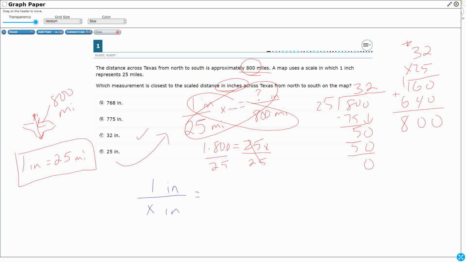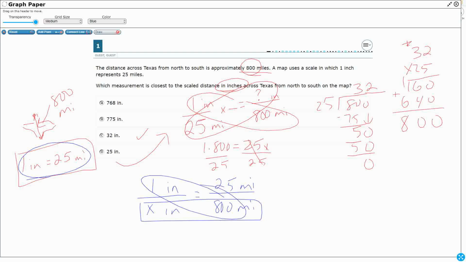I can set it up like this, with 25 miles. So these two units that are in proportion are across from each other. That's also fine, because now I've got my 800 miles underneath that. So I'm looking for this right here. And thinking cross multiplication, guess what I get? 1 times 800 equals 25x.